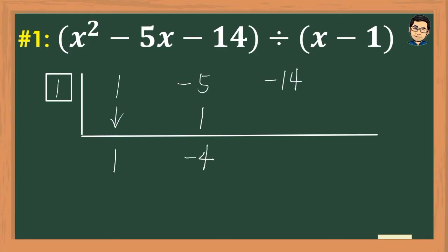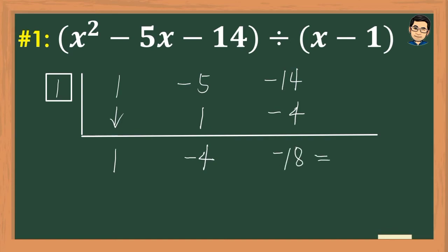And then, again, repeat process. Negative 4 times 1, that is negative 4. And finally, we add negative 14 plus negative 4 since pareho sila ng sign. So, add lang natin and then copy the sign. So, 14 plus 4, that is 18. Since pareho silang negative, negative 18.